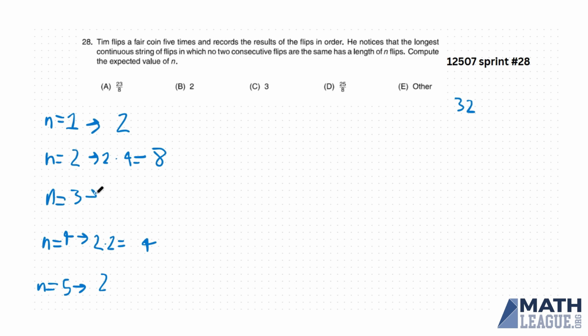And then that means that when n equals 3, there's 32 minus 2 minus 8 minus 4 minus 2, or 16 ways for the string to be of length 3.